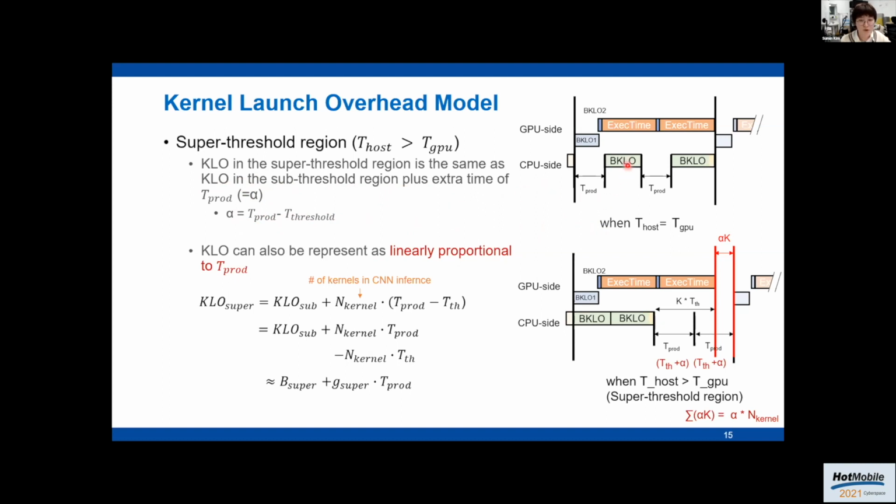Here the upper figure is when thost equals tGPU, while the lower figure is for the super-threshold region. After redistributing the time in the upper figure, it is clear that the extra time in the lower figure is alpha times k for each flush. And during the entire inference, the CPU suffers alpha times the number of kernels in total. Thus, this equation is represented as linearly proportional to tprod.